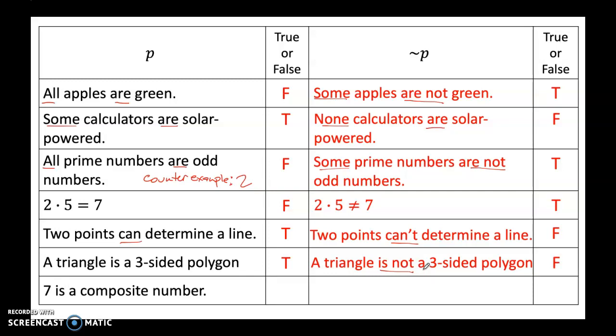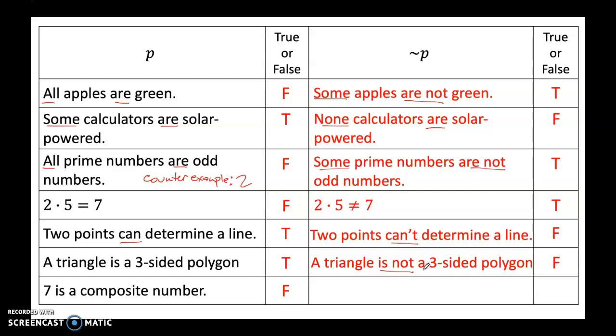7 is a composite number. This is a false statement. When we say composite, it is a number that has many factors aside from 1 and itself. Another way to negate the given statement, we have 7 is not a composite number.